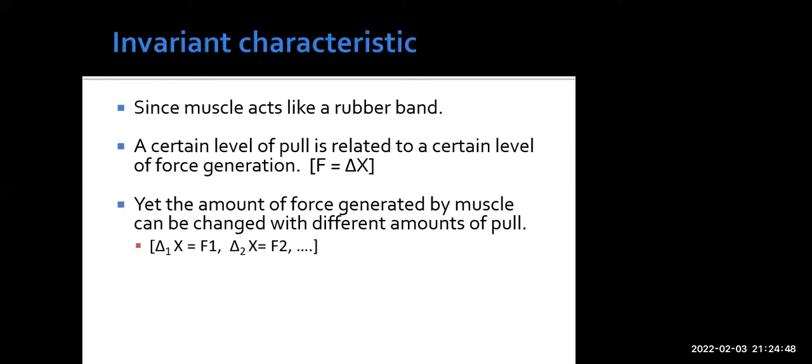So now what happens is the force with which it pulls is directly proportional to the length of the muscle. So greater you pull, greater will be its distance.